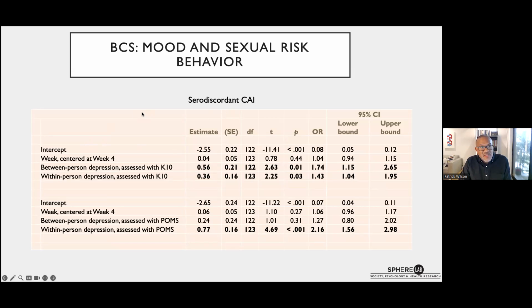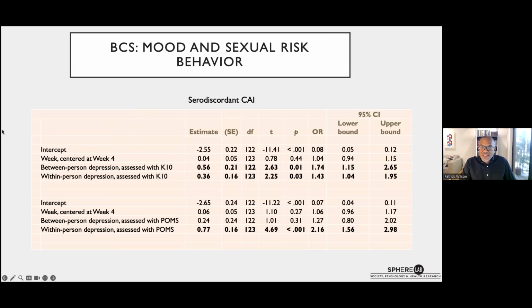This again looks at the same phenomena, but now on a different data set. This is the BCS data, where we have a sample of all Black and African American younger gay and bisexual men.